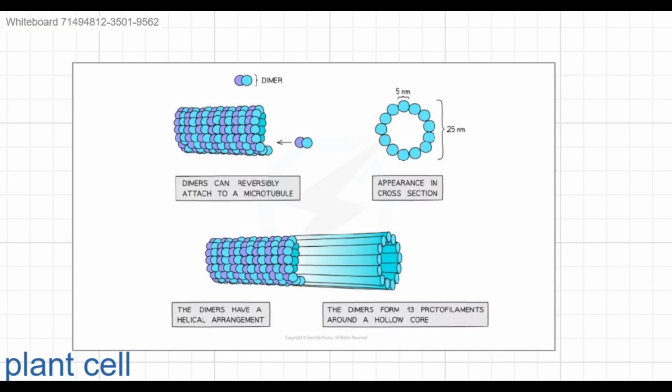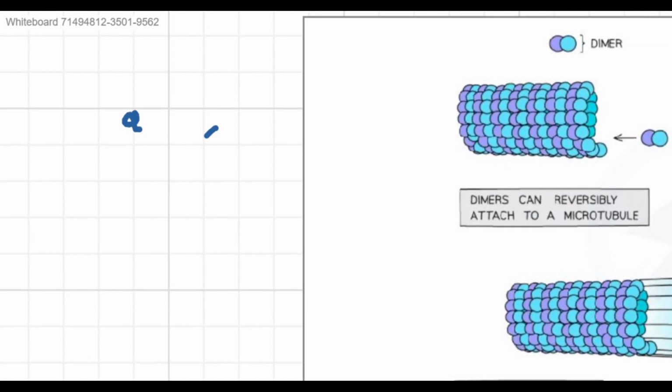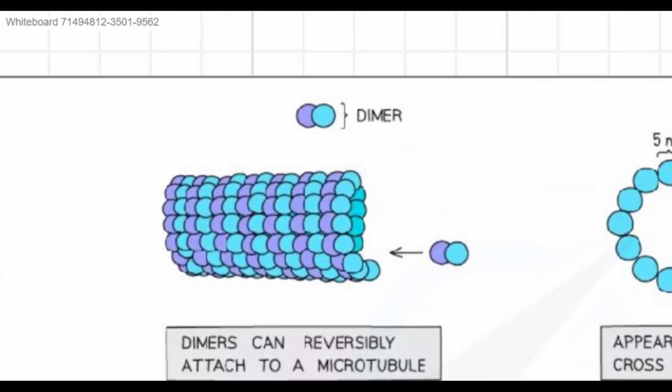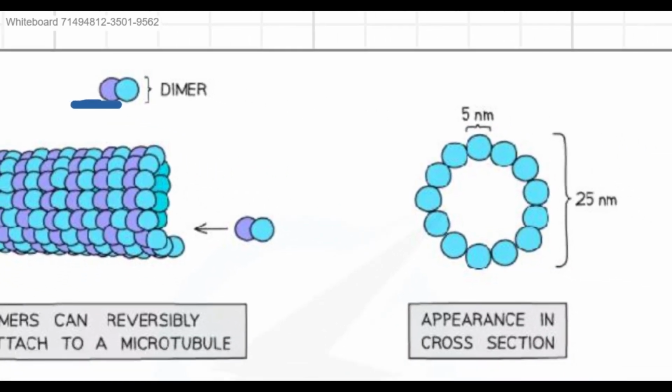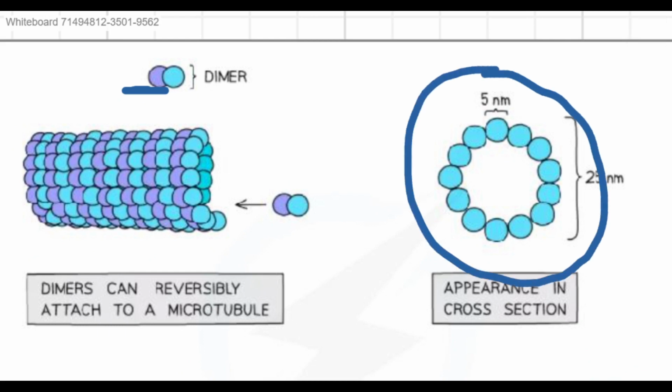Now, microtubules are made up of tubulin, and there's two types of tubulins, tubulin alpha and tubulin beta. So this alpha and beta combines to form a dimer, and this dimer right here combines together to form this cylinder, and there's 13 dimers to form this cylinder right here.